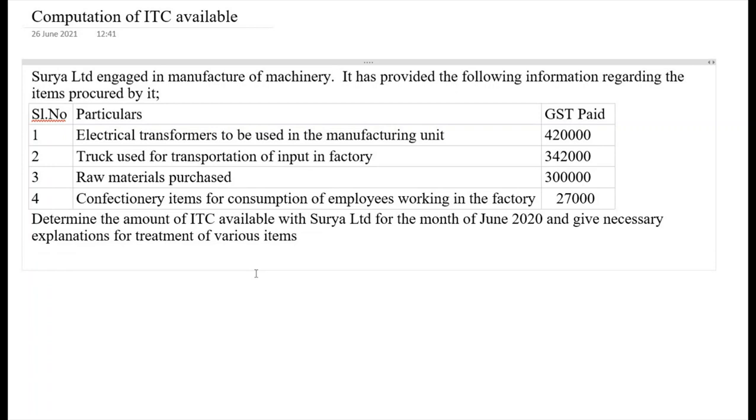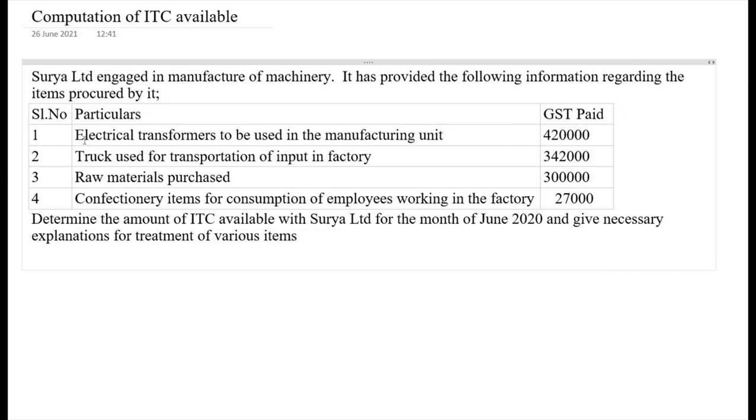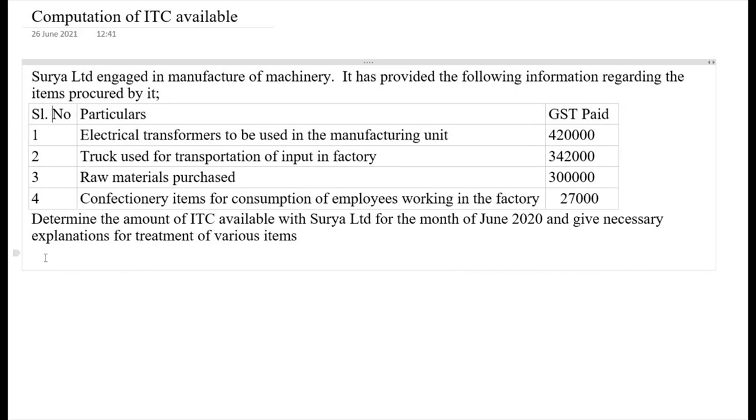So from these details we are required to find out how much is the amount of ITC available to Surya Limited.